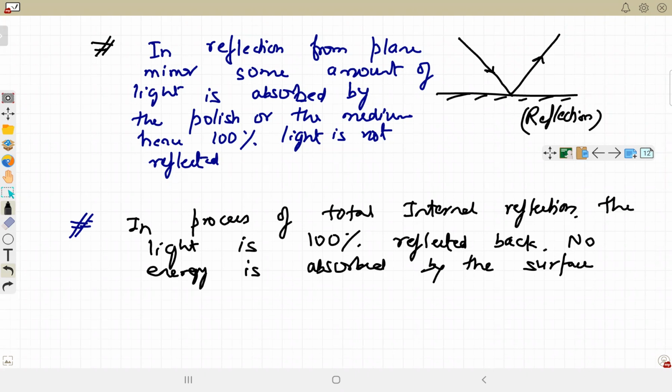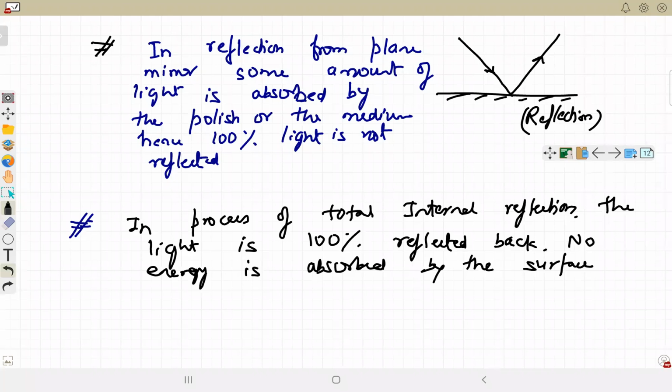If we want to reflect light from any surface, one way is to place a normal plane mirror there, but we don't normally use it. Instead we put a prism which causes total internal reflection of light, as in binocular, periscope and camera. How it happens in a prism, that we will see. The next concept is total internal reflection in a prism.